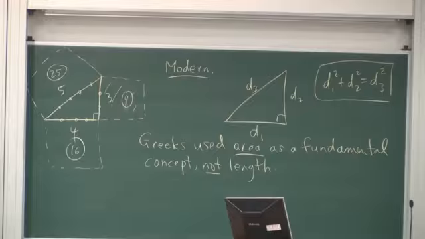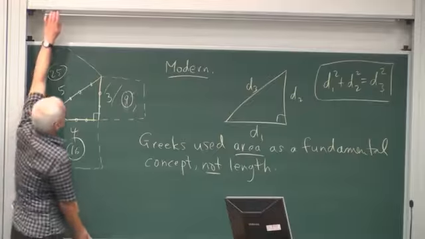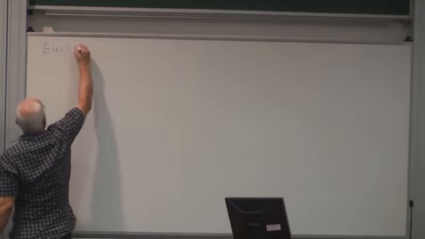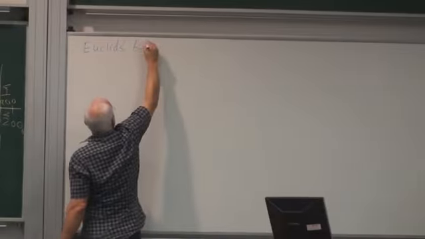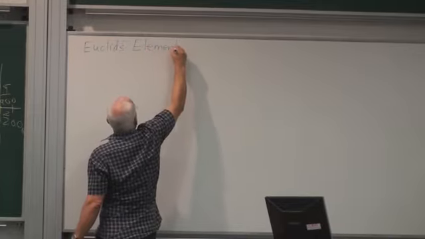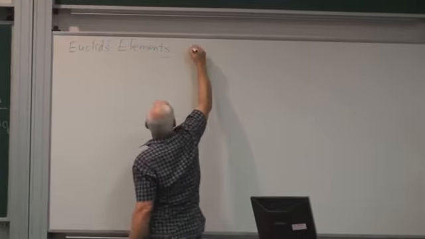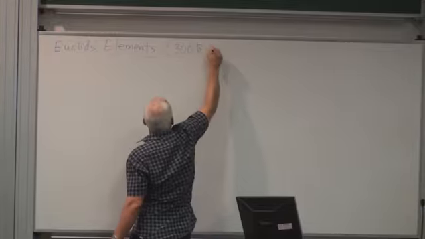And so the formulation of the theorem in Euclid's Elements, this is the most important book in the history of mathematics. Euclid's Elements. That's written around 300 BC.